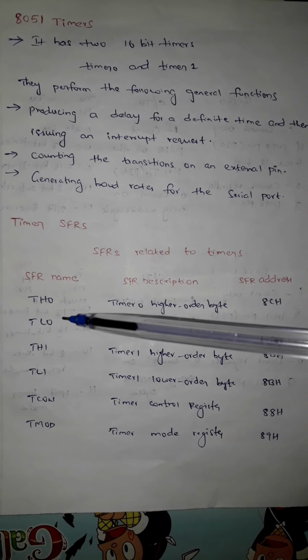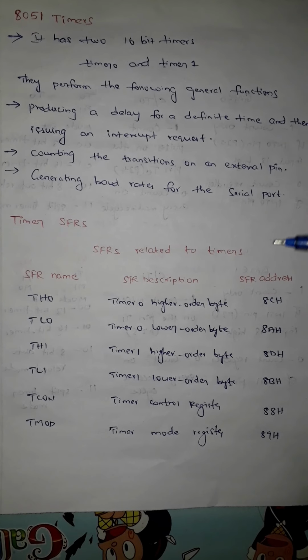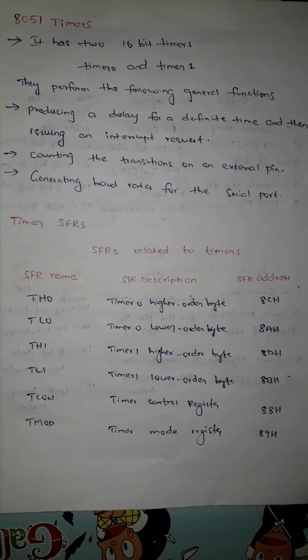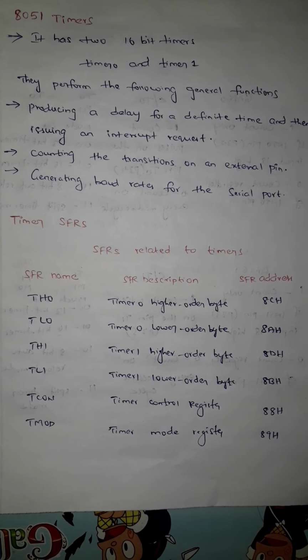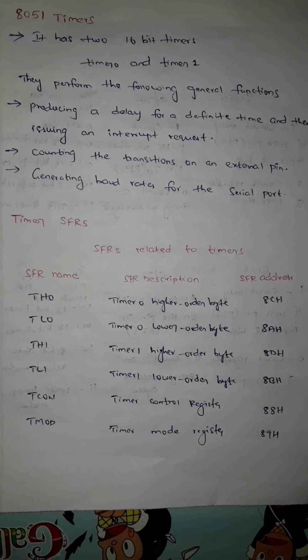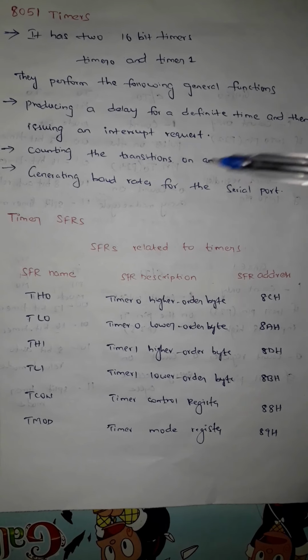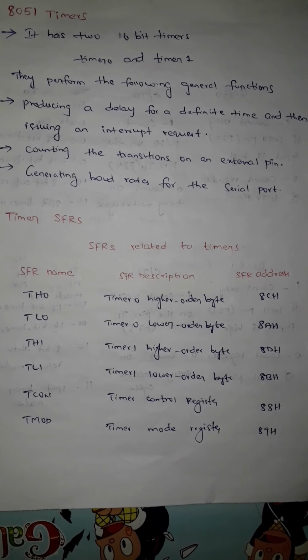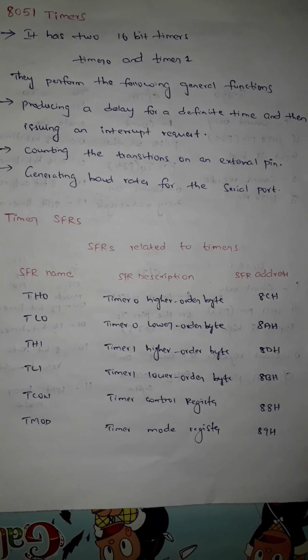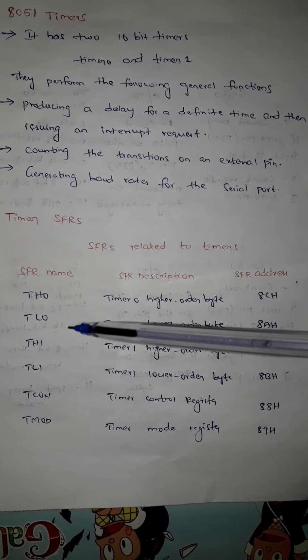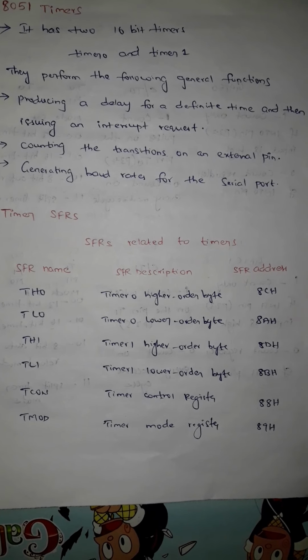TH0 and TL0 are related to timer 0. They are used to store the higher order value and lower order value of timer 0. We know that timer 0 is a 16-bit timer, so it has a 16-bit value, in which the lower byte is in the TL0 register and the higher byte is in the TH0 register.